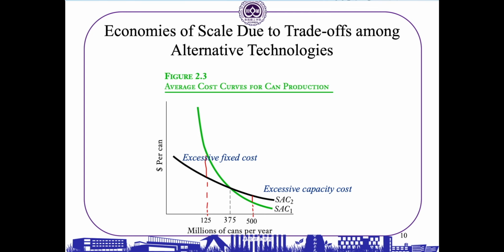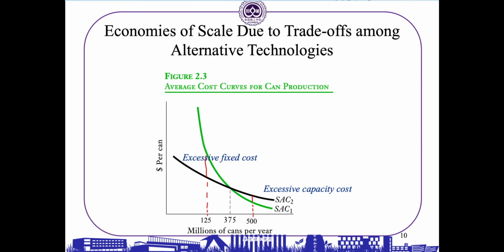Figure 2.3 depicts the average cost curves of the two different technologies of production. The steeper green curve, SAC1, is the average cost curve of the fully automated plant. The flatter black curve, SAC2, is the average cost curve of the partially automated plant.